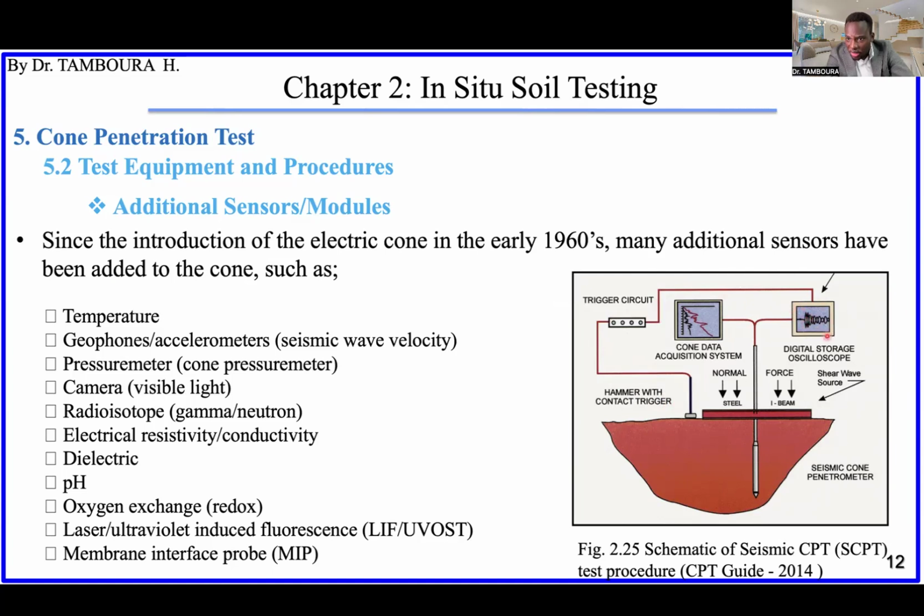You can see the oscilloscope, and this screen is showing us the result, the cone data obtained. In this video, we have decided not to show how the CPT result is presented, but in the next video, we will see that it will be just graphs like this.